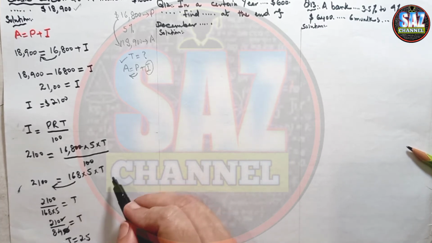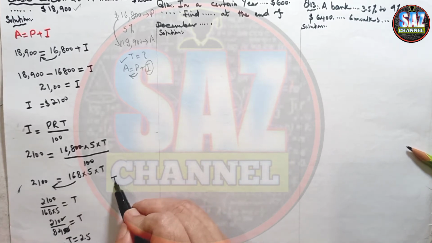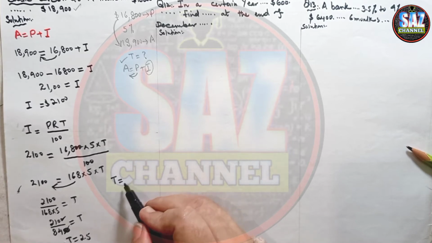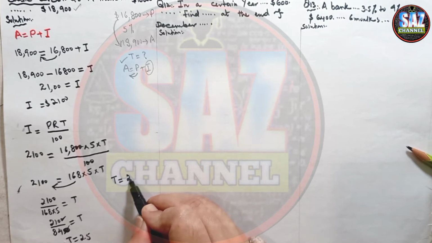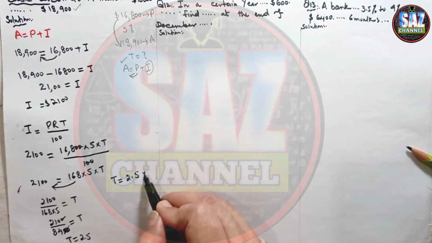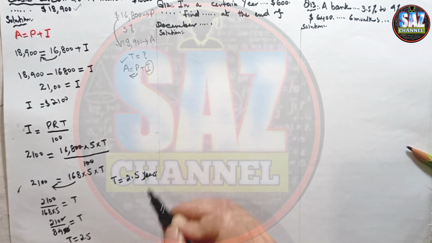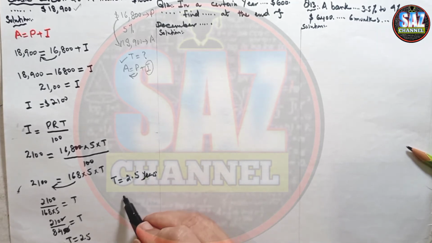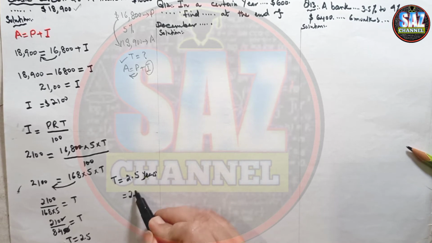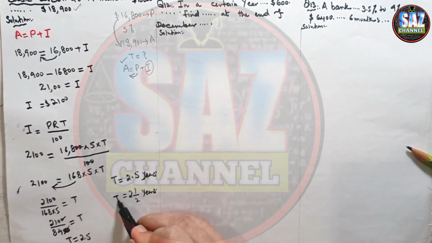So the time period for this question is 2.5 years. I hope you are clear about this question. Or you can write the time in the form 2 whole 1 by 2 years. In both ways it's correct.